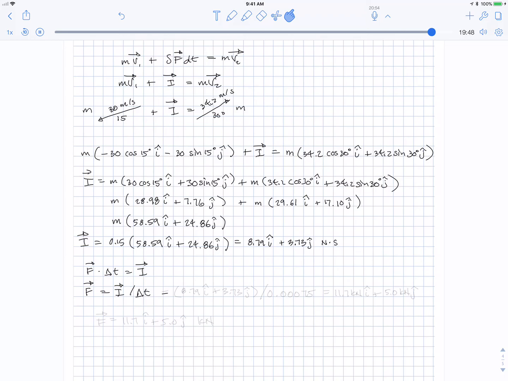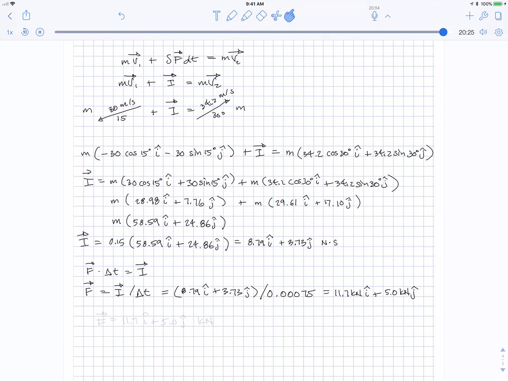So that'll be 8.79 i plus 3.73 j divided by 0.00075, and that equals 11,700 newtons in the i direction and 5,000 newtons in the j direction.